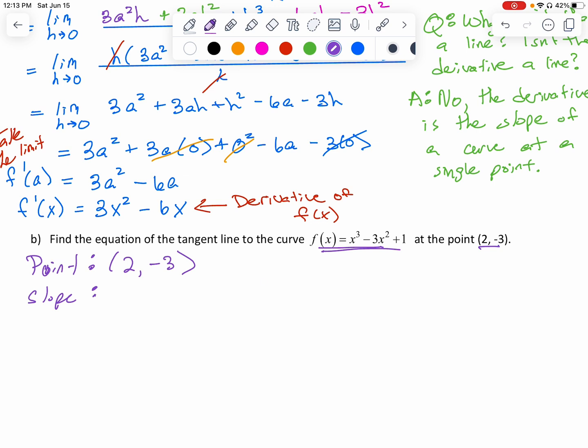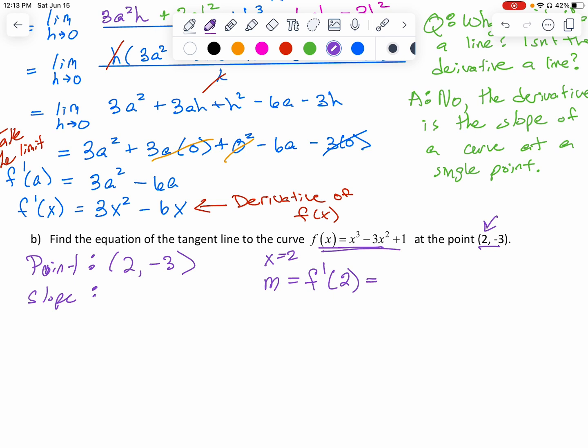And the slope is the derivative at the point. So here our x equals 2. So I take the derivative of f at 2.